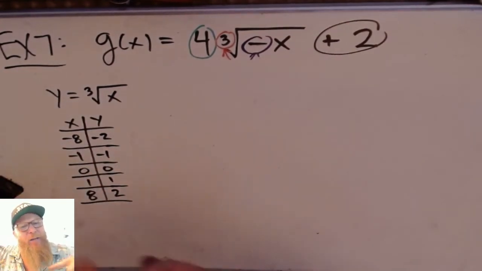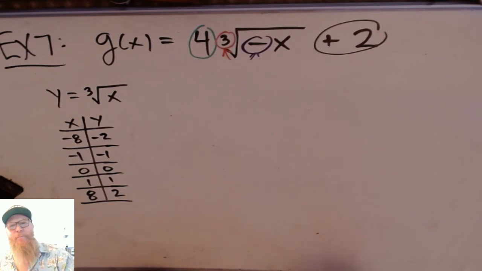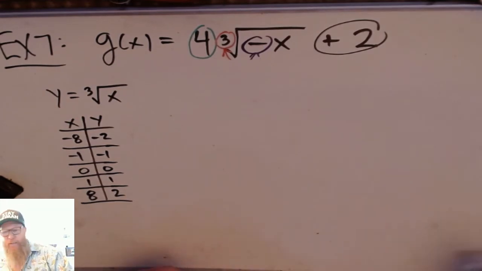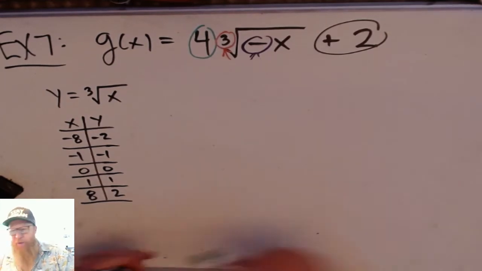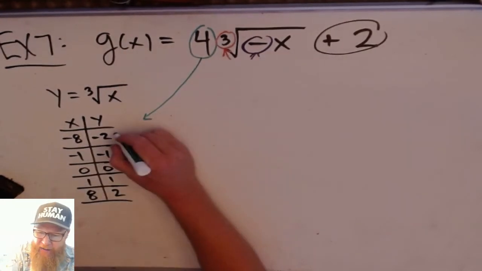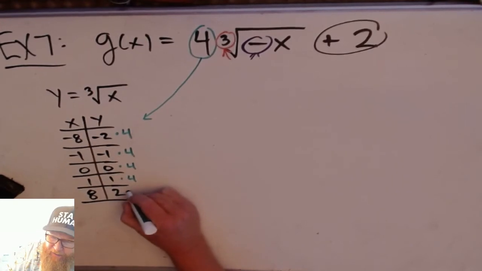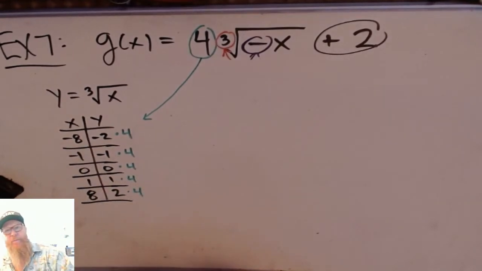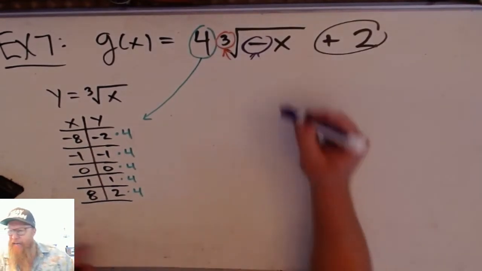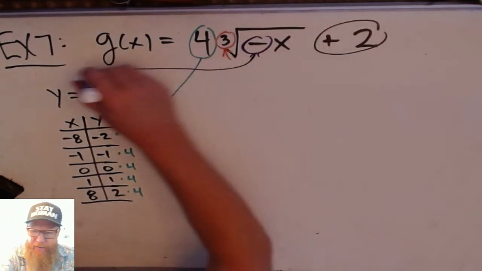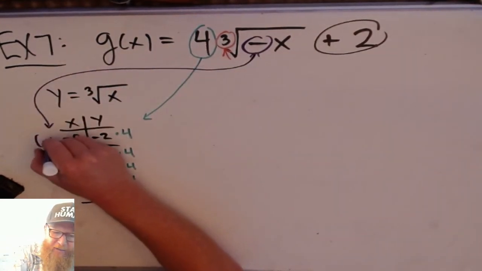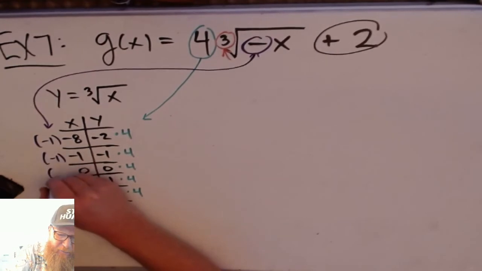You can kind of tell by the way the shape goes, right? All right, so the 4, that's a scalar. We're going to multiply all of the y values by 4. The -1, we're going to multiply all the x values by -1.